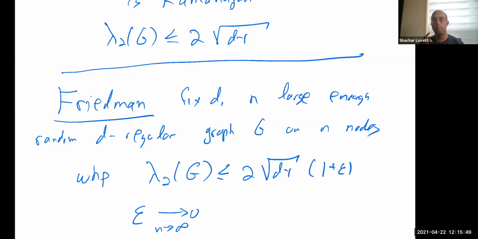And this is considered to be a tour de force. It was a remarkable 100+ page paper, very detailed, very complicated. People have somewhat simplified some parts of it, but it is still considered a very complicated result. And recently, there have been several works that used different techniques to construct Ramanujan graphs for values of D which are not just prime plus 1, but other values.